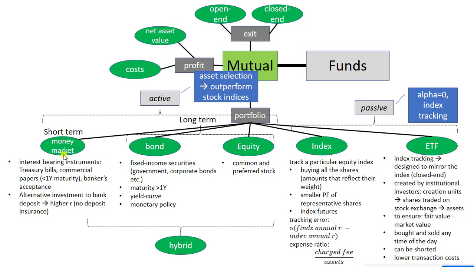Okay, so let's go to bond investment funds. In this case, this is a fixed income security focus. It can be government bond or corporate bond funds. So the maturity will be longer than 1 year, and that's why they are highly dependent on the shape of the yield curve, and they are highly subject to monetary policy.